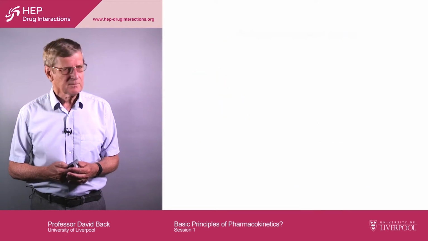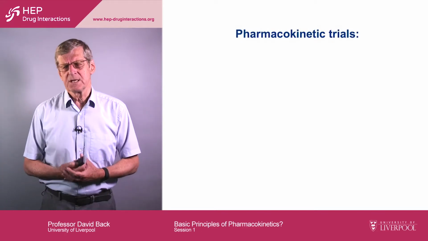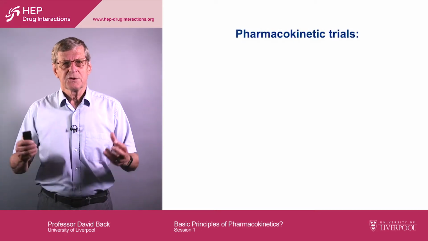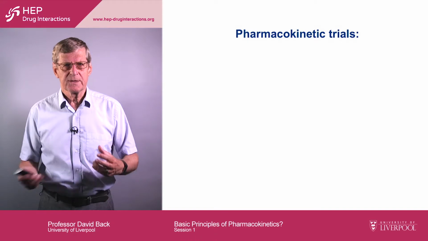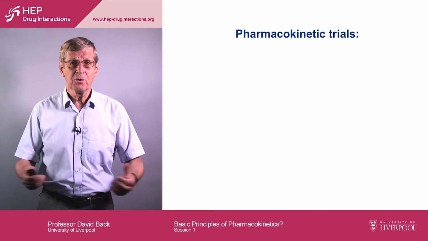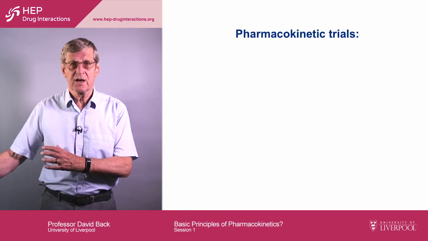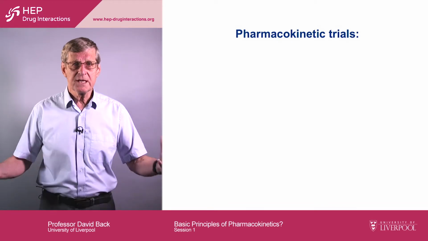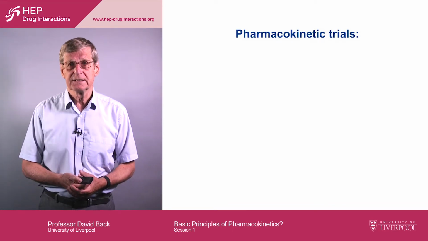So how do we get this sort of information? Well, we do pharmacokinetic trials. So in drug development, it's very important that you do a pharmacokinetic trial to understand all of these parameters for your new drug.